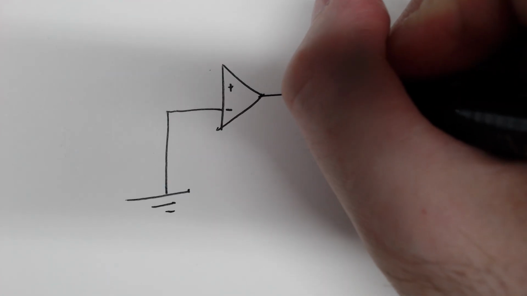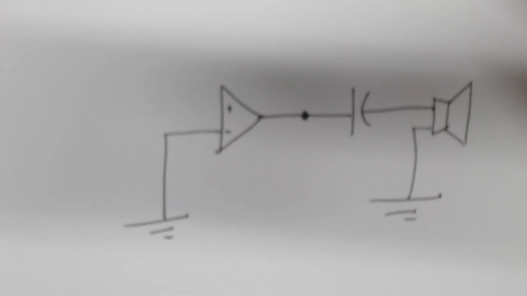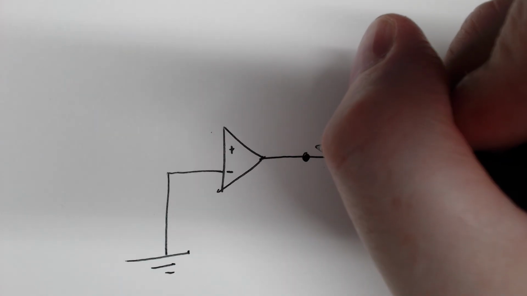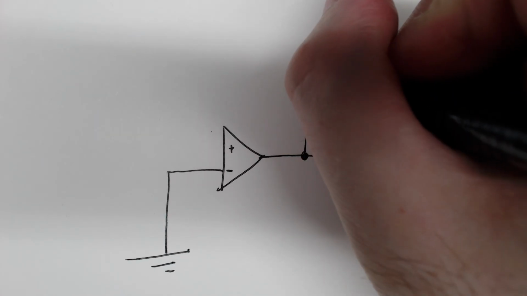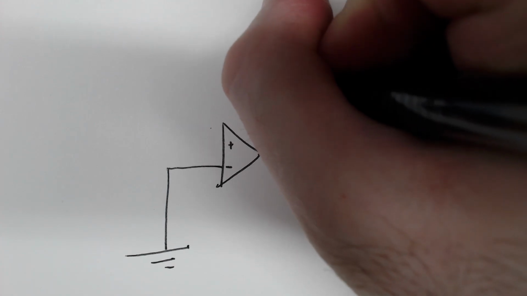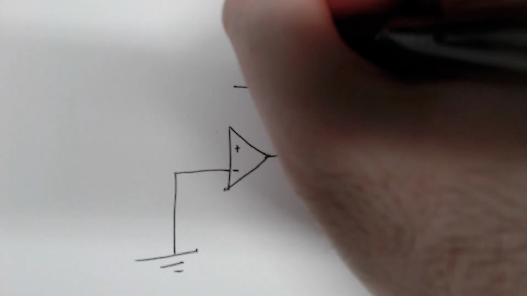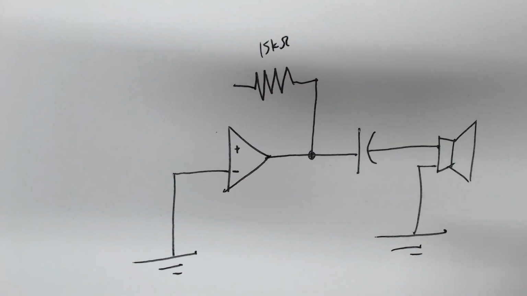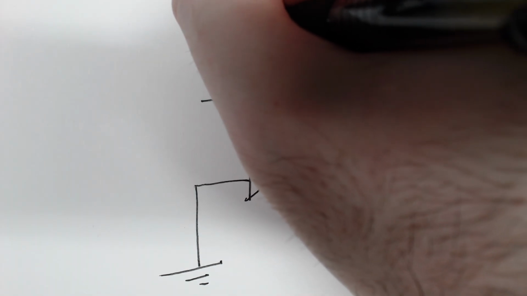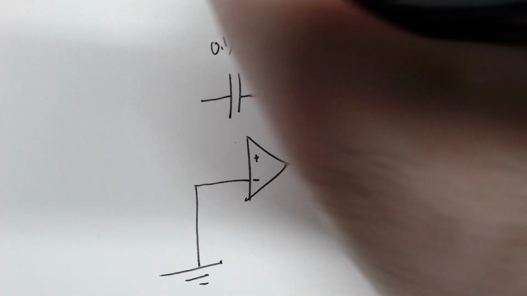Coming right out of the output of this amplifier, we have a resistor. This is our 15K. And we have a capacitor. This is our 0.1 microfarad or 100 nanofarad, however you want to write that.